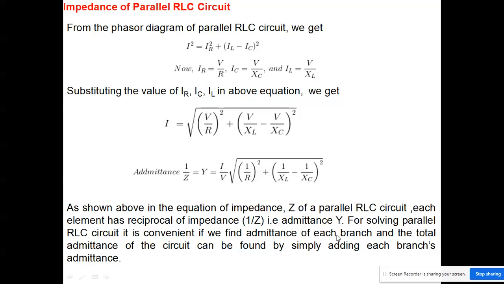For solving a parallel circuit, it is convenient to use the admittance of each branch, and the total admittance of the circuit can be found by simply adding each branch admittance. For simplicity we write Y rather than Z, because every component is the reciprocal of the previous component: 1 by R, 1 by XL, 1 by XC.